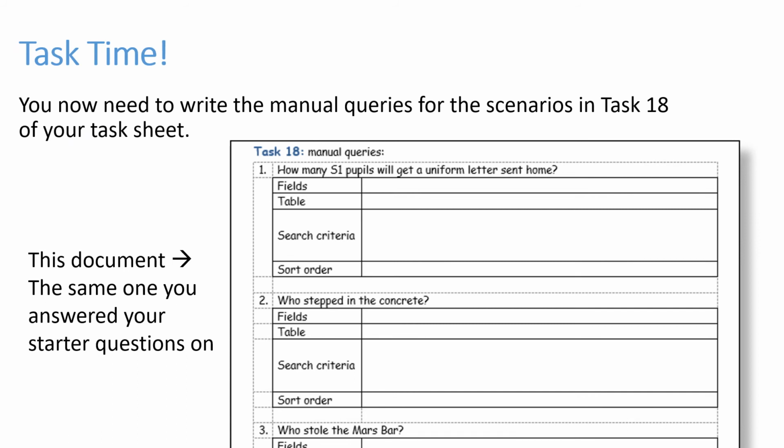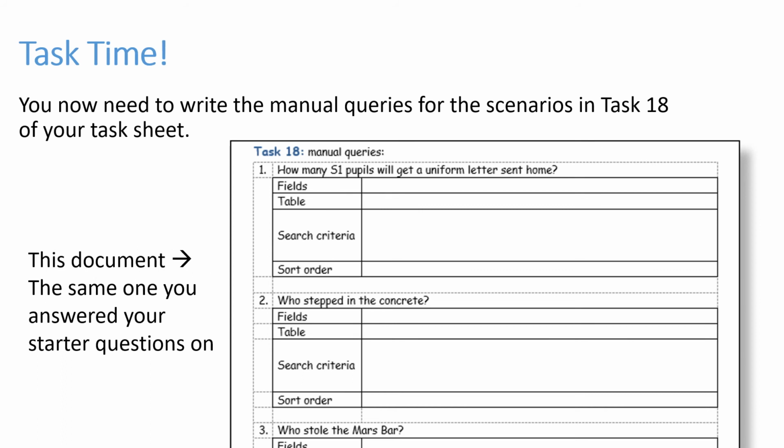So now it's time for you to write your own manual queries for the scenarios in task 18 of your task sheet. Okay, so it's the document that looks like this screenshot just here. It's the same one that you answered your starter questions on. You're going to look at the lesson 5 questions document to get the full scenario, and it's going to ask for all of the information that you need in order to write your manual query.